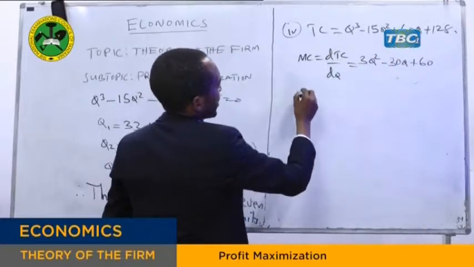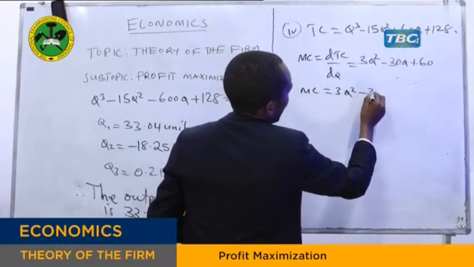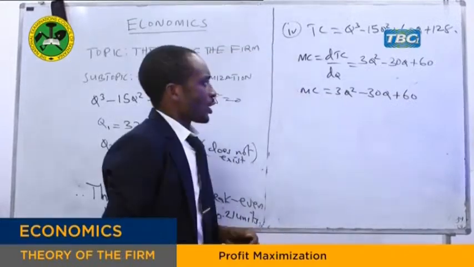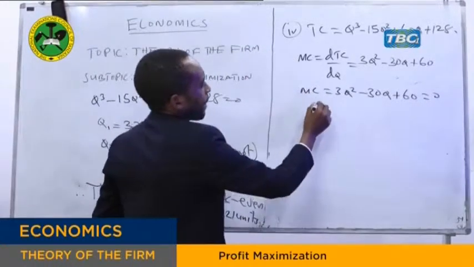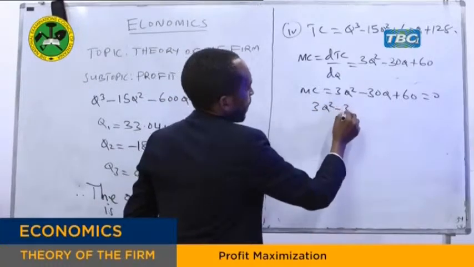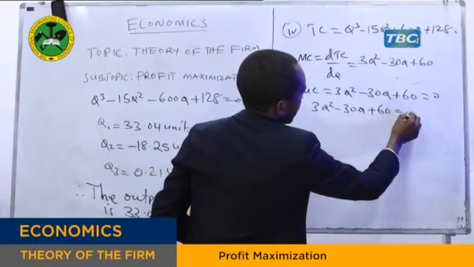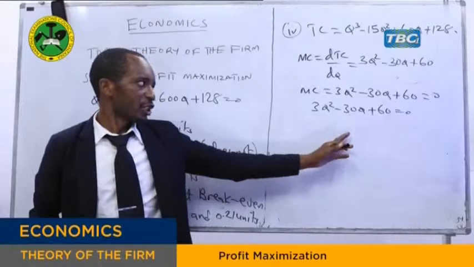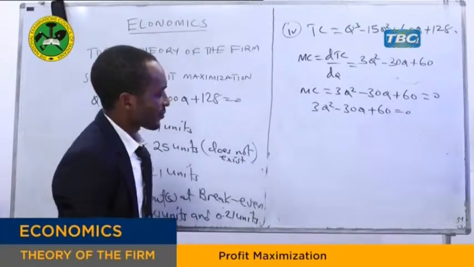The same as the marginal cost, which is equal to 3Q square minus 30Q plus 60. So this one will equate equal to 0. So when you solve this marginal cost function, this is a quadratic equation, so use a calculator or use the general formula to solve this one.